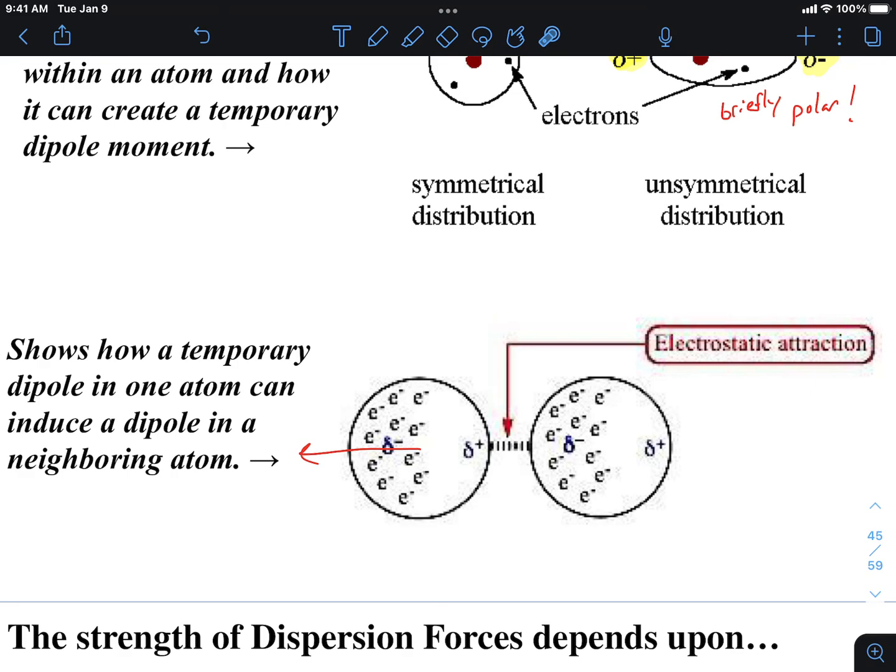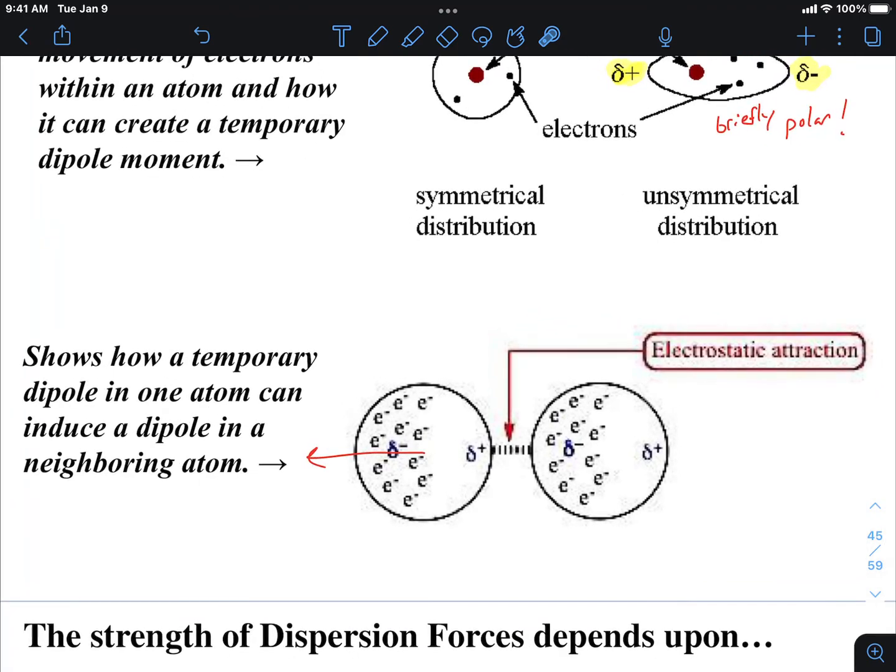So they can actually influence each other, temporarily causing an atom and its neighbors to be polar as well. But the key point is that this is very, very temporary. These are not normally polar molecules or atoms. They are only polar temporarily.